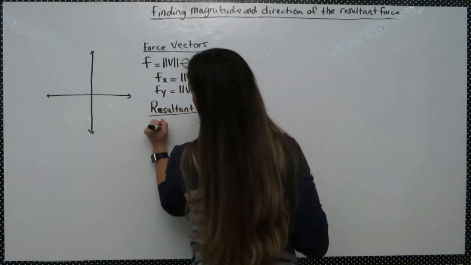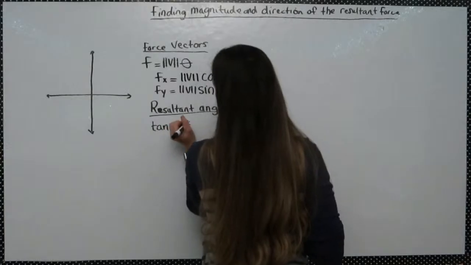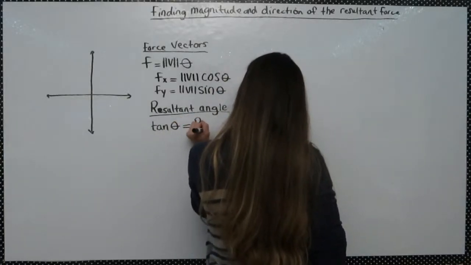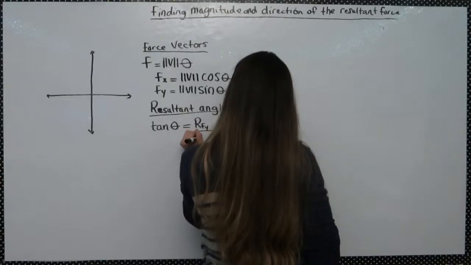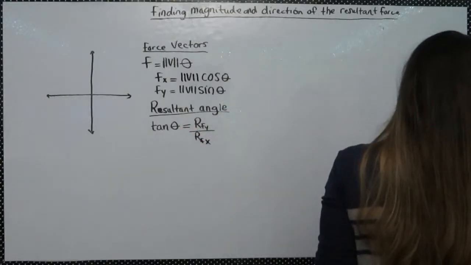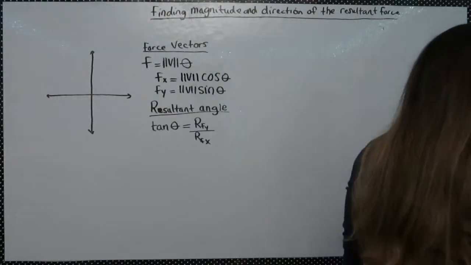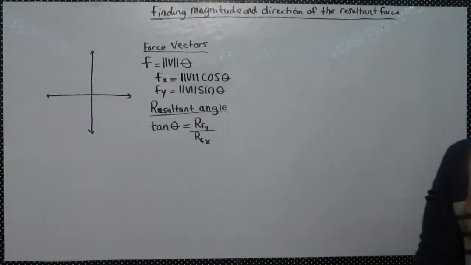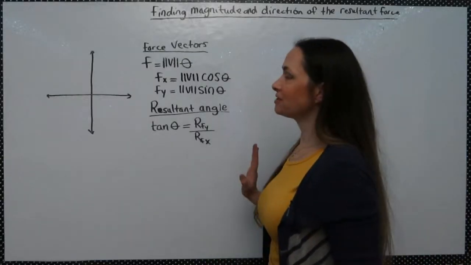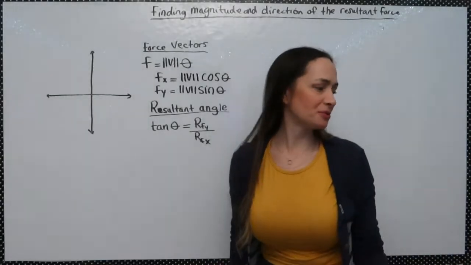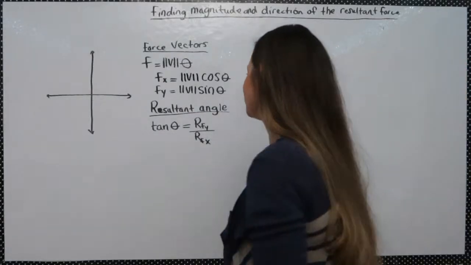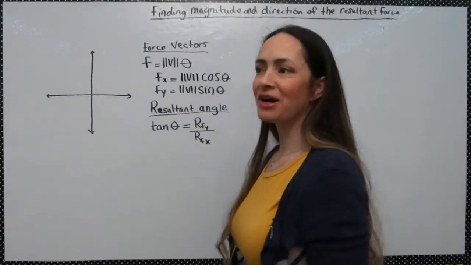Use tangent theta equal the resultant force of y over resultant force sub x. All right, that's probably the best way that I can go ahead and put that in there. I'm trying to be practical, and I have never necessarily taught any kind of physics course or anything like that. So I'm just trying to gain a skill here and try to get some practice and have some fun.